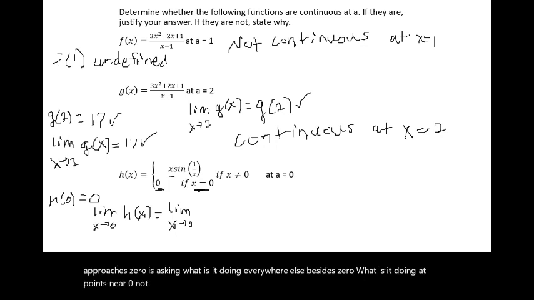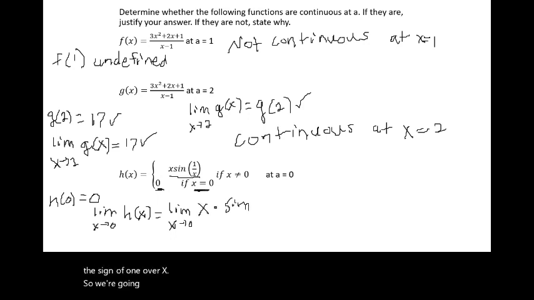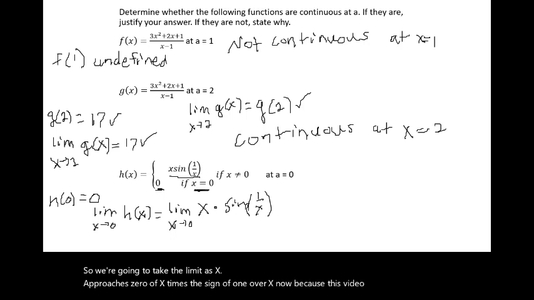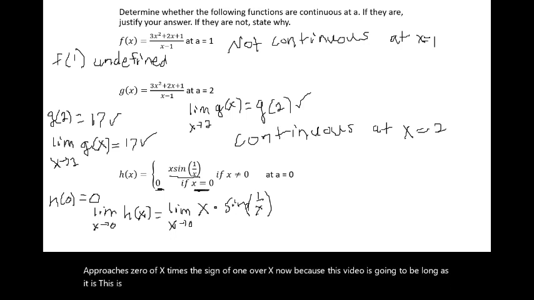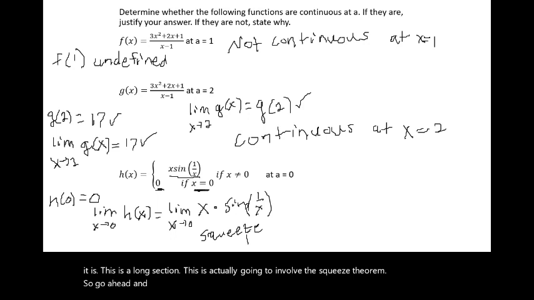Well, near 0, it's going to take on this behavior here as x times the sine of 1 over x. So we're going to take the limit as x approaches 0 of x times the sine of 1 over x. Now, because this video is going to be long as it is, this is actually going to involve the squeeze theorem. So go ahead and use the squeeze theorem to find this limit here.